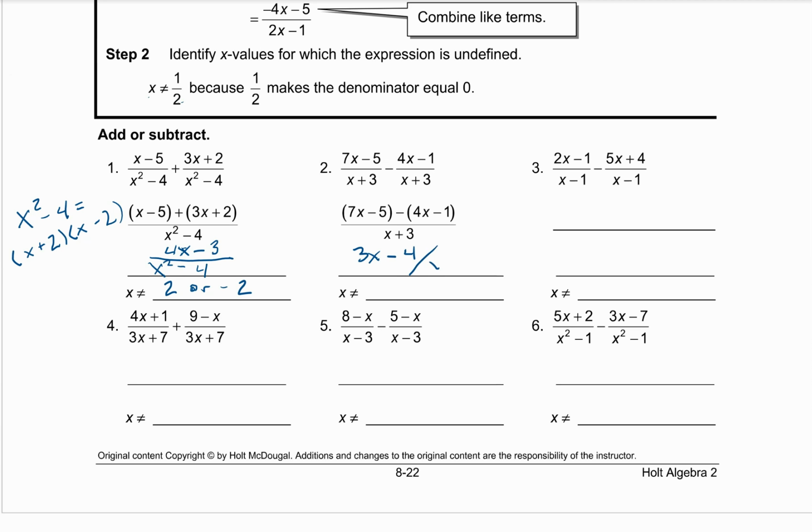And that's going to be over x plus 3. So x cannot equal -3.